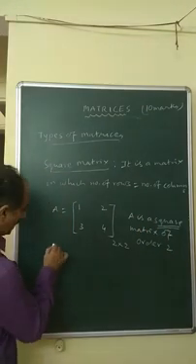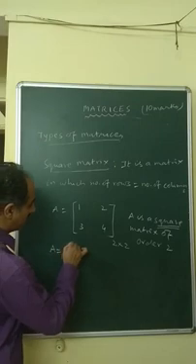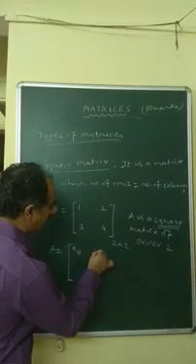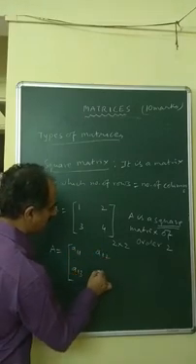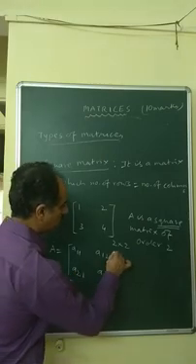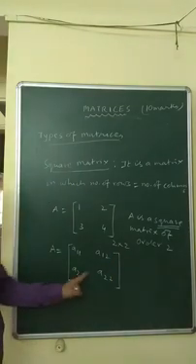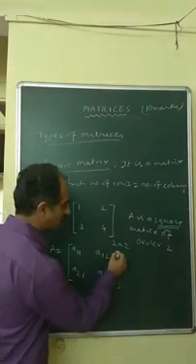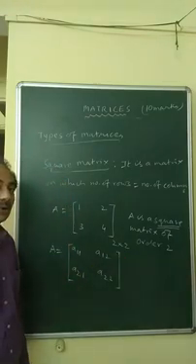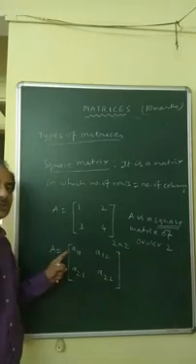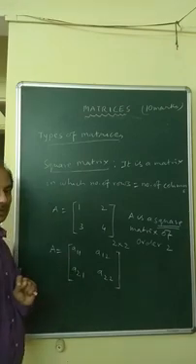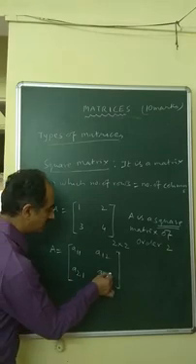If you write a square matrix in terms of Aij, it can be written as A11, A12, A21 and A22. This is a square matrix of order 2. Now, in a square, how many diagonals are there? 2 diagonals. But in a square matrix, while talking about the diagonal, we consider only this diagonal.